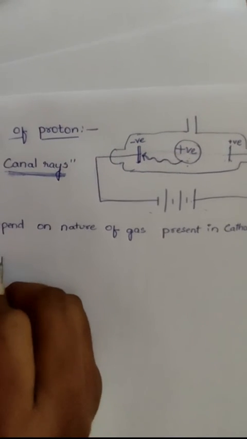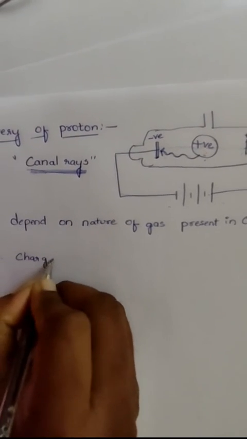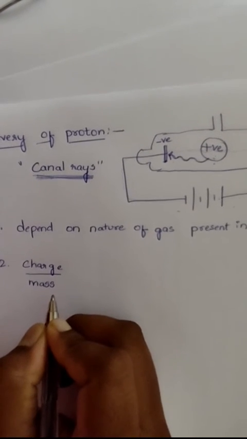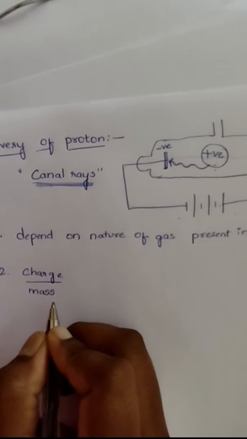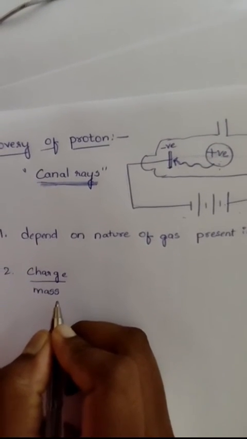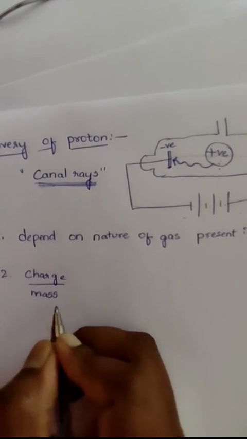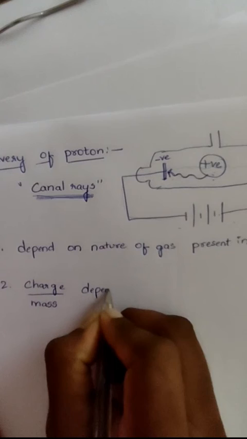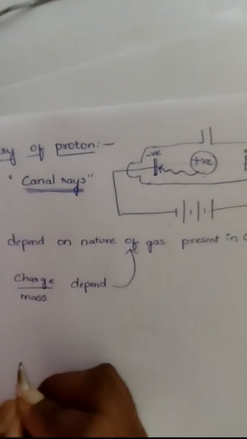So it depends upon the nature of gas. And the charge by mass ratio of particles present in canal rays depends on the gas from which they originate.